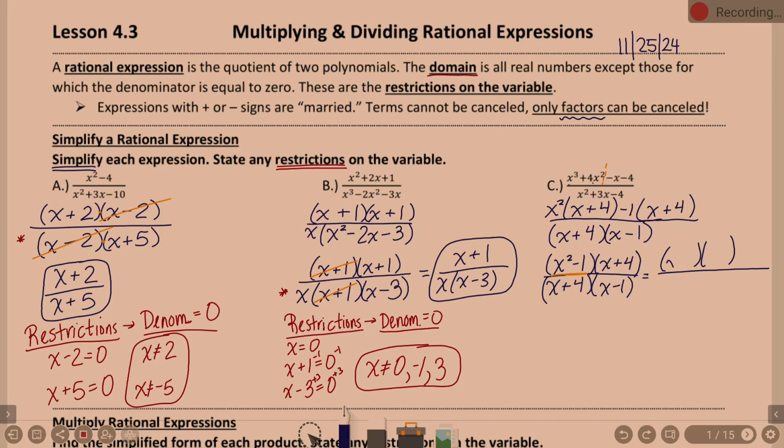And what's the square root of 1? 1. 1 is 1 times 1, right? And if it multiplies to be a minus 1, you're going to have a plus and minus. And then what can I not forget? I haven't canceled it yet. If you haven't canceled it, you still have an x plus 4 hanging out, right? If you've canceled it, don't rewrite it. Denominator. I still have an x plus 4, and I still have my x minus 1.